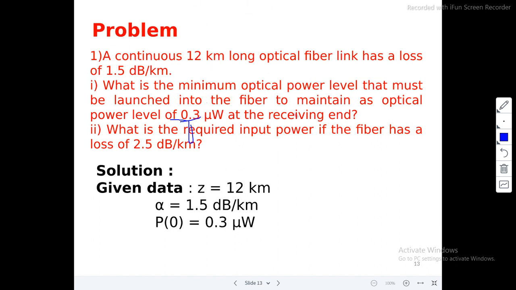at the receiving end? In the second point, what is the required input power if the fiber has a loss of 2.5 dB per kilometer.